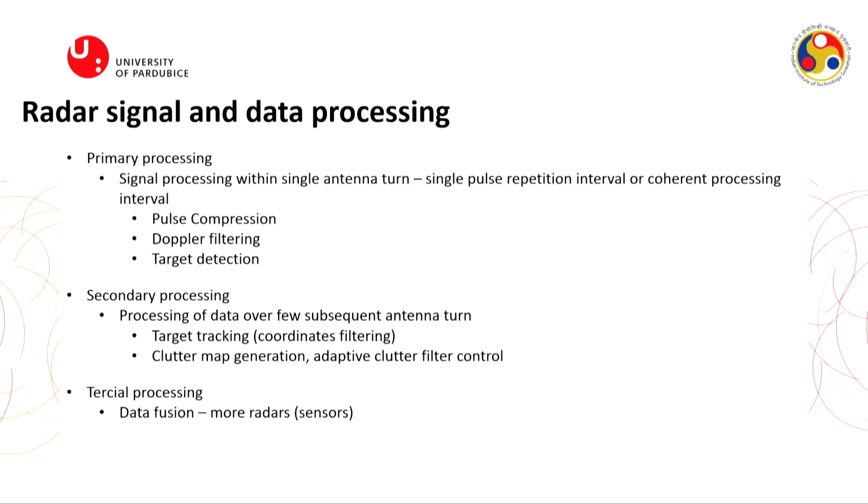So after extraction, I know the coordinates of targets, okay, there is a target. I am interested in secondary processing. If this target is moving, where will it be after 1 second, 2 seconds, 3 seconds, 4 seconds? So what is target tracking? Just showing where my target is.